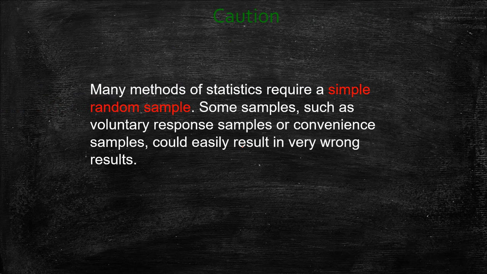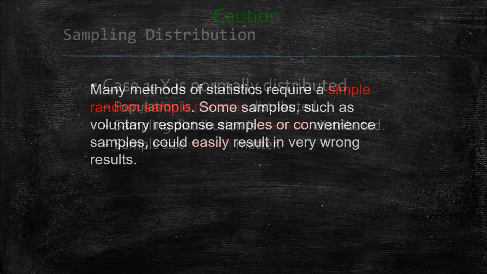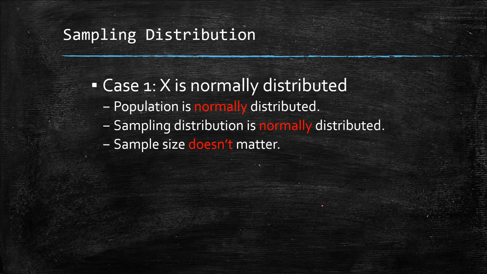And that's why I say many methods require that simple random sample, which is basically independent samples. So if you're doing this out in the real world, those voluntary response samples have a lot of bias, which means that lots of things could go wrong. It's not necessarily implicative of the entire population. Implicative, that's such a college word. Anyway, we want a simple random sample. So basically, we're going to do that repetition.